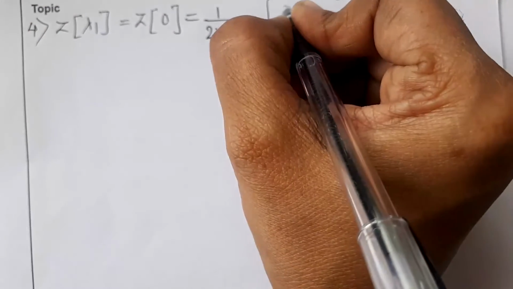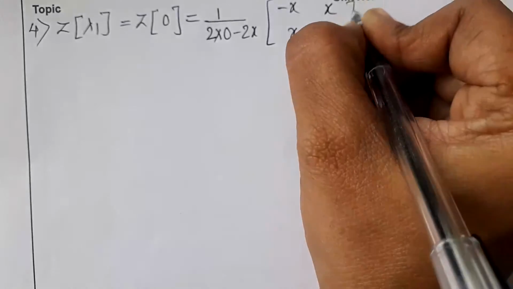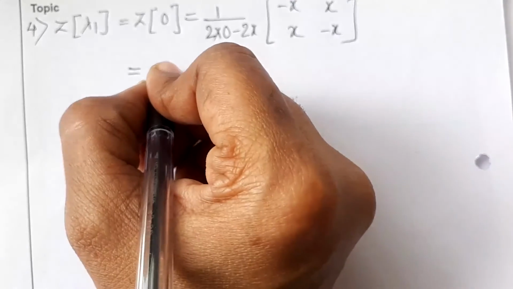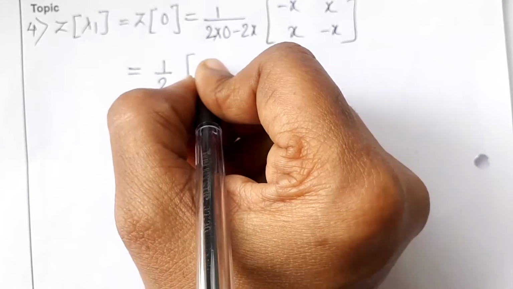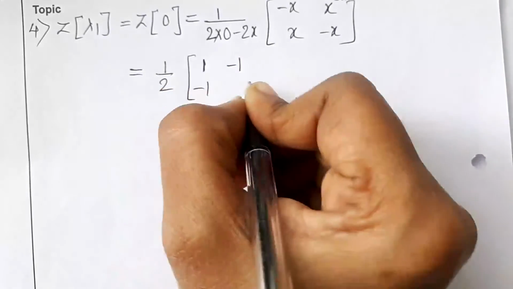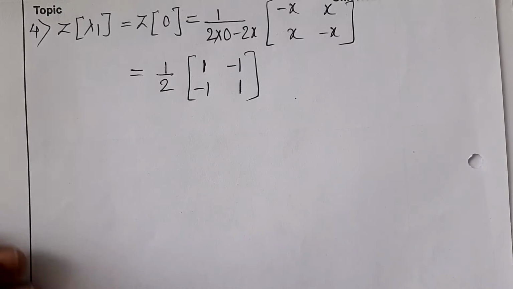So lambda is 0, so minus x, x, x and minus x. The denominator is minus 2x, so 1 by 2 outside and divided by minus x. So it becomes 1, minus 1, minus 1 and 1. Okay, this is z of lambda 1.